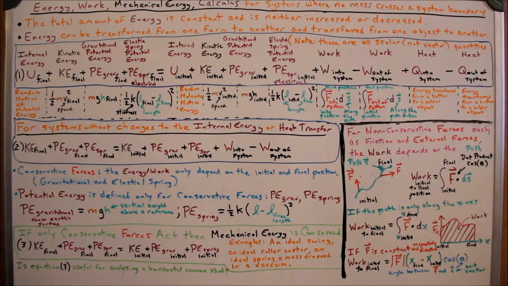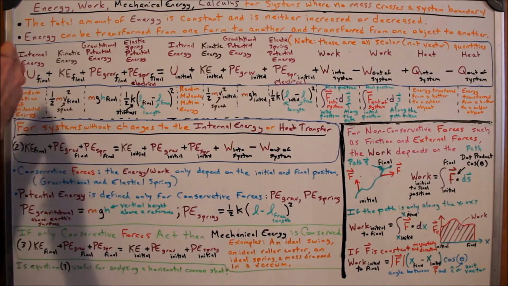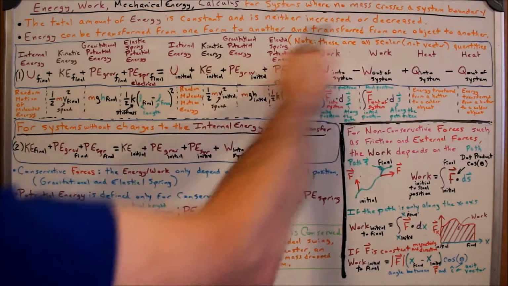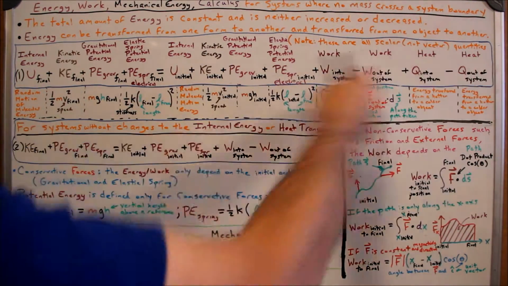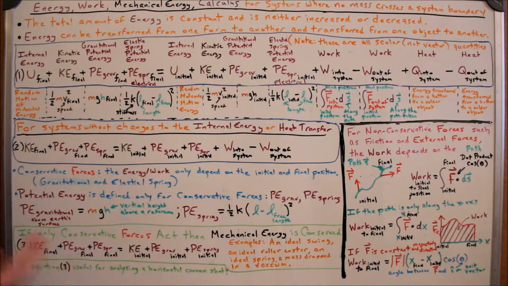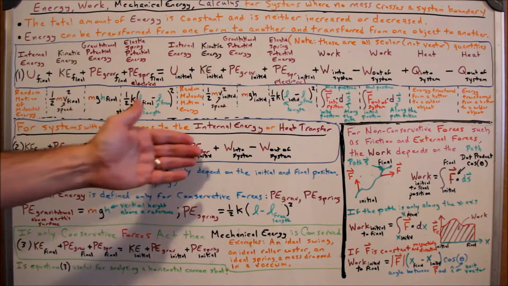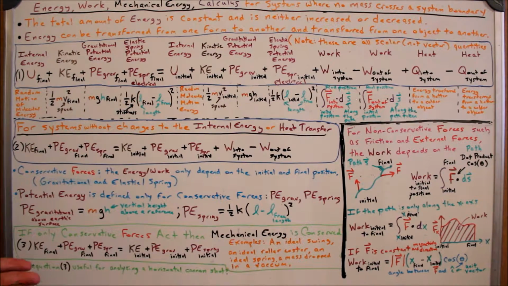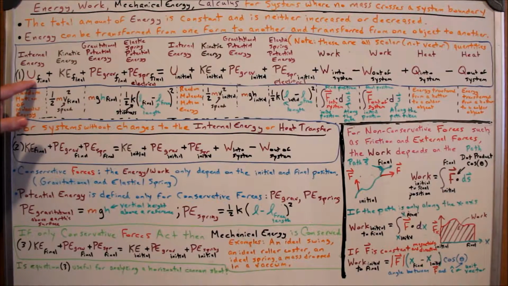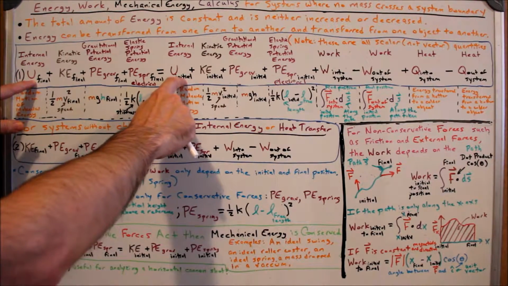Now, we are going to often solve problems, and this is the form we always want to consider. You only drop a term in these equations if you know it's zero or insignificant. So for example, for systems where we know the internal energy didn't change, the final internal energy and the initial internal energy are the same.